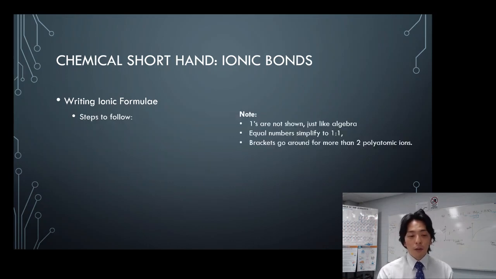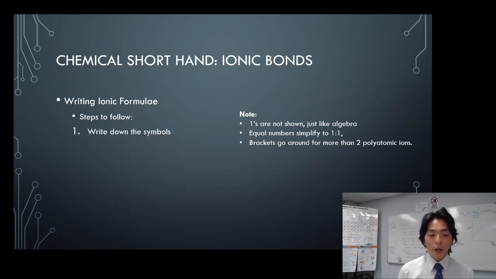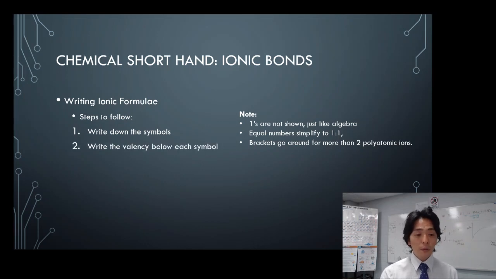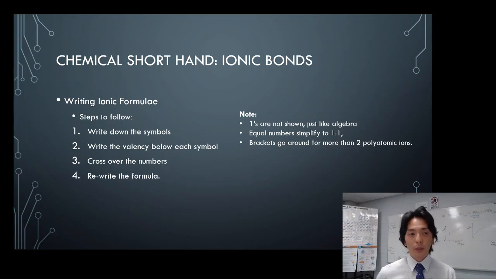When you're writing an ionic formula, you firstly write down the symbols of the ions involved, write the valency below each symbol, cross over the numbers, and rewrite the formula, getting rid of the charge signs or putting brackets around.